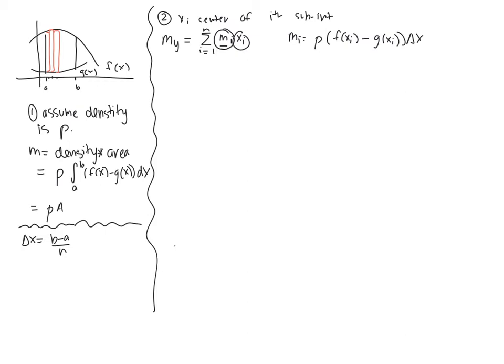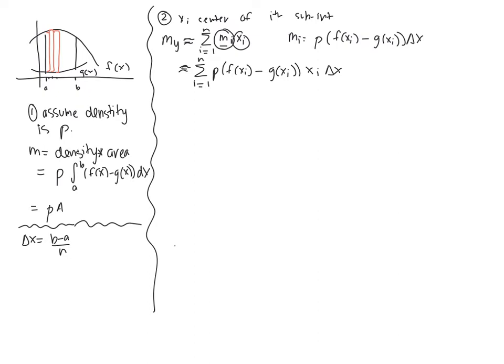So that's every rectangle's mass, and then x sub i is how far over that is. So we have a sum from i equals 1 to n of rho f of x sub i minus g of x sub i delta x. And I should probably say that My actually approximately equals that, because if we haven't taken the limit, we don't have it exactly.